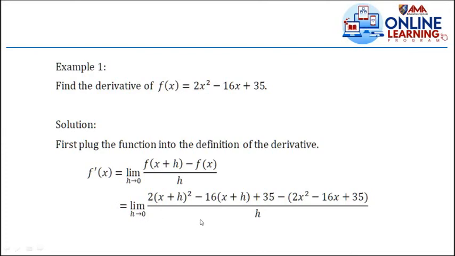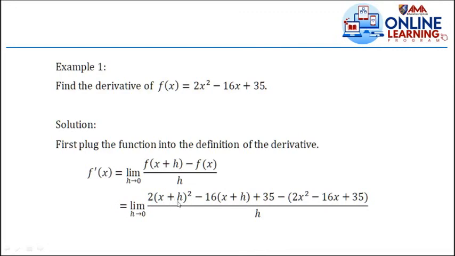Okay? So next, we're going to simplify again. We expand this one using the square of a binomial. From the formula, a plus b raised to 2 is a squared plus 2ab plus b squared. Your a represents your x, and your b represents your h. So if we expand this, we have x squared plus 2xh plus h squared.